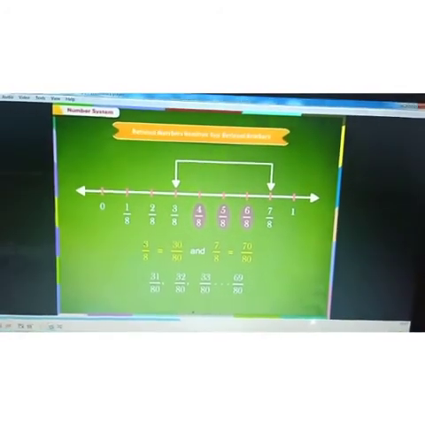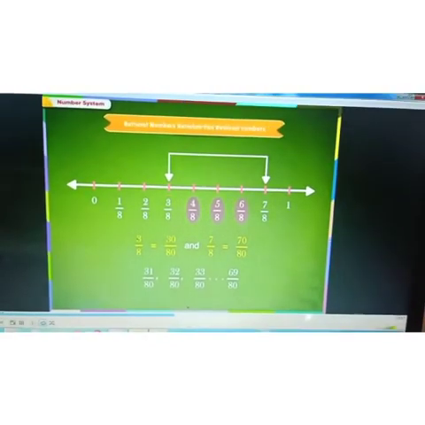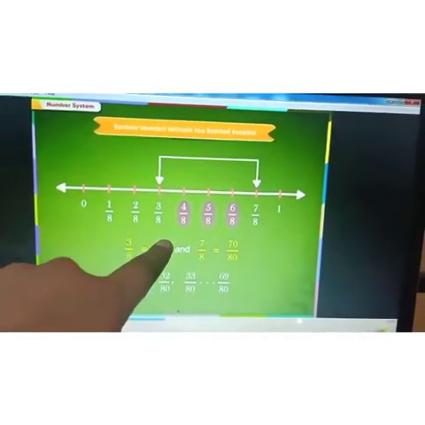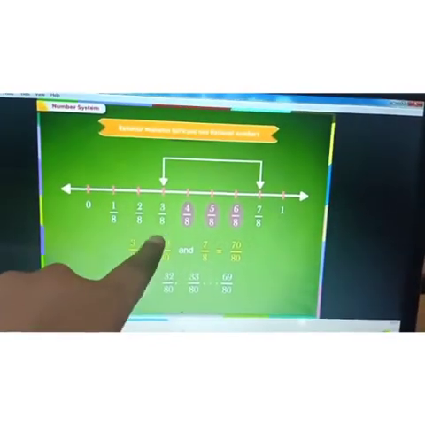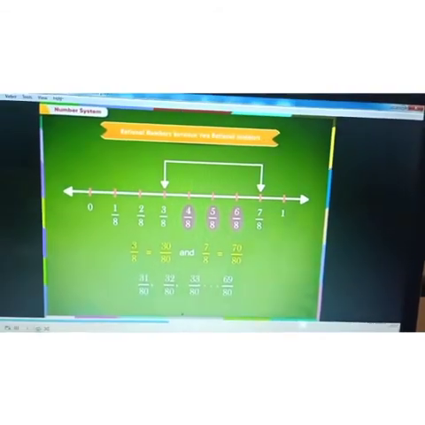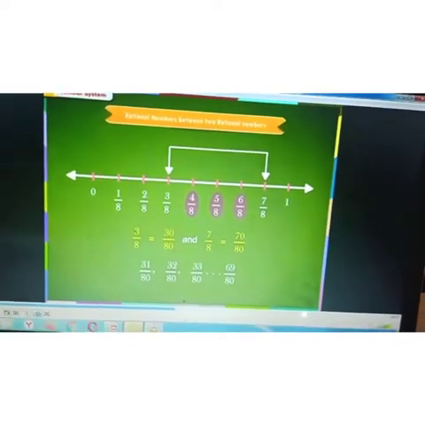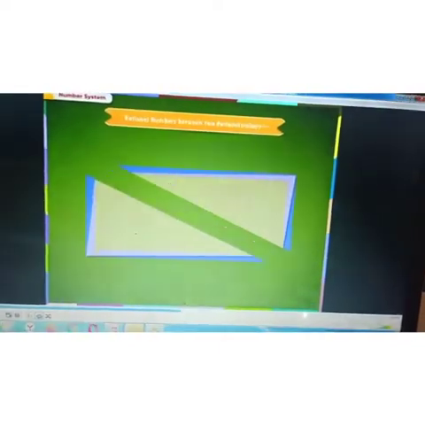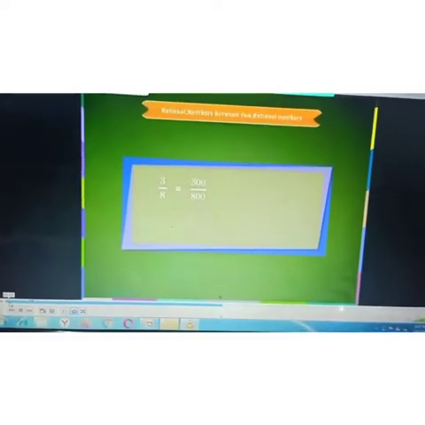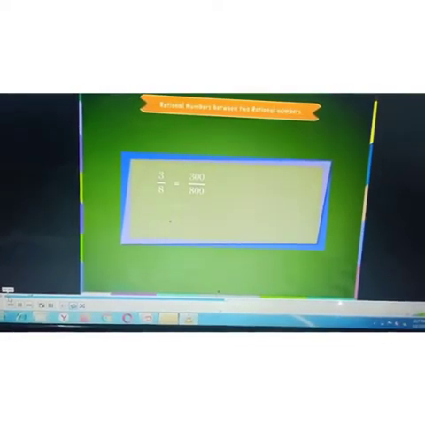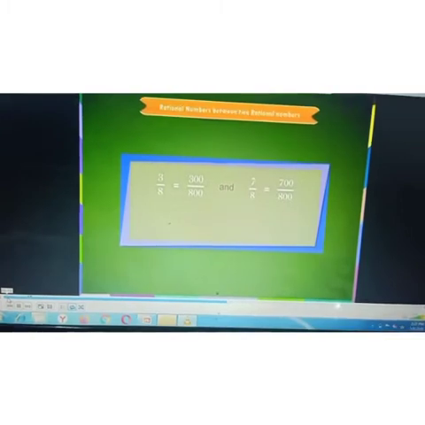Understood? So is this a limitation? No. 3 by 8 can be written as 300 by 800, or 3000 by 8000. The answer is the same. Similarly, 7 by 8 can be written as 700 by 800.